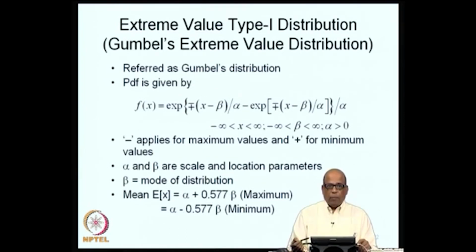So, the extreme value type 1 distribution is generally referred to as Gumbel's extreme value distribution. This is extremely popular in flood studies.